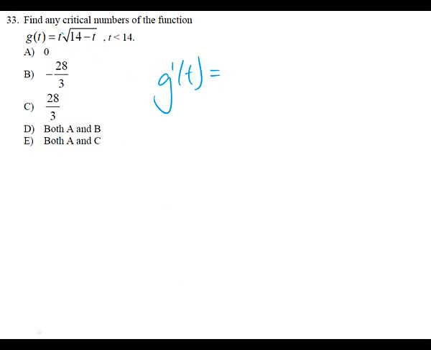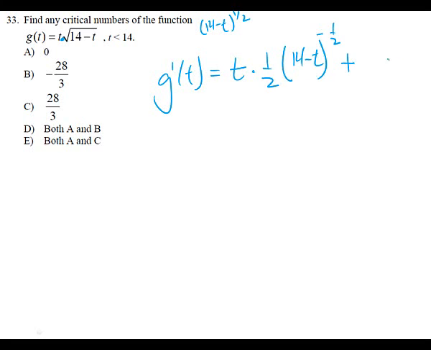0. It looks like unfortunately I have a product rule. So keep the first. It's really 14 minus t to the 1/2. So derivative of the second, what do I put the 1/2? To the front. And then I have 14 minus t to the negative 1/2.